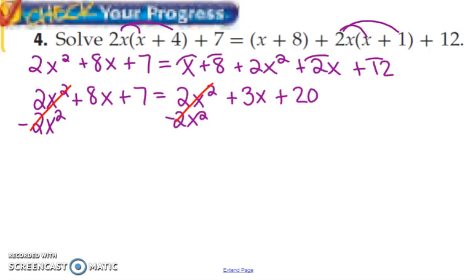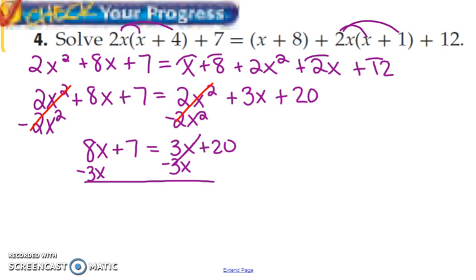So now what I'm left with to solve is 8x plus 7 equals 3x plus 20. And this is something you solved in algebra, pre-algebra, or you solved back in Unit 3. So I'm going to subtract 3x. That gives me 5x plus 7 equals 20.